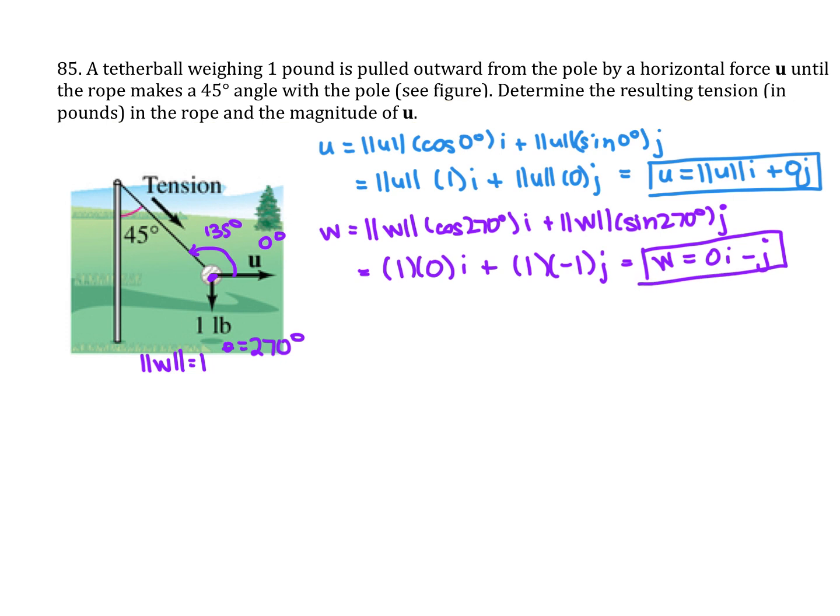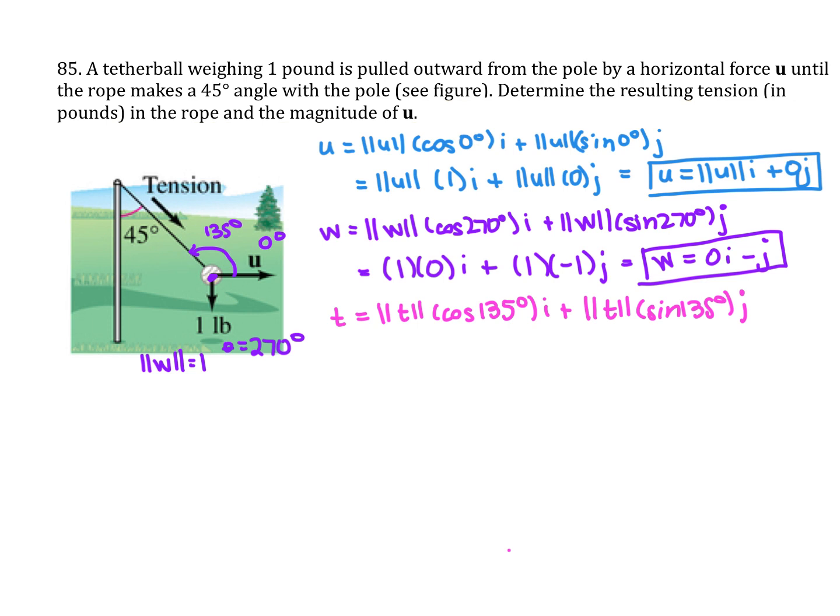Now let's talk about the tension of the rope. I'm going to call it vector T. T is the magnitude of T times cosine of 135 degrees, i, plus the magnitude of T, sine of 135 degrees, j. We're going to write 2 equations, one horizontal and one vertical.